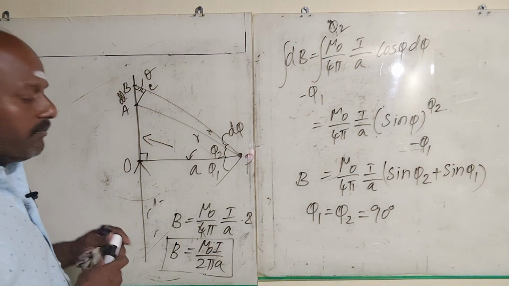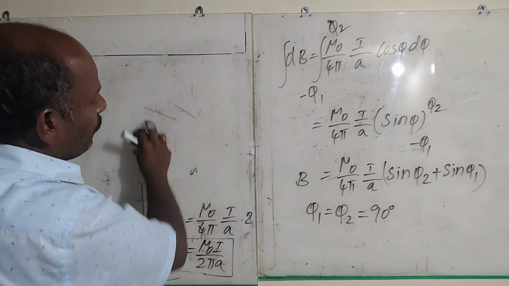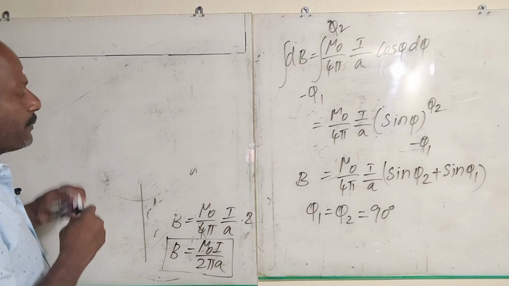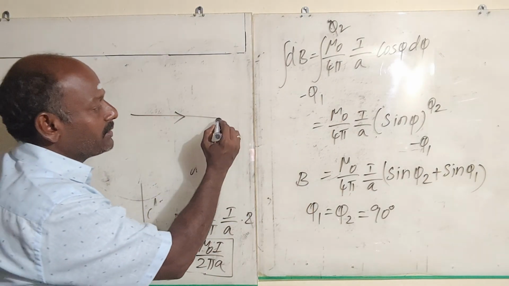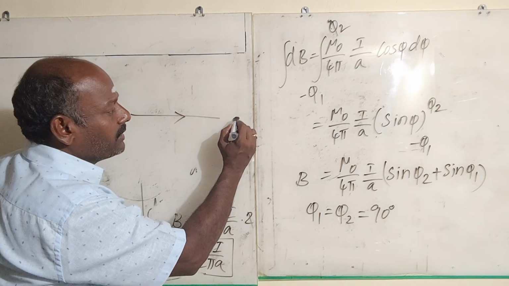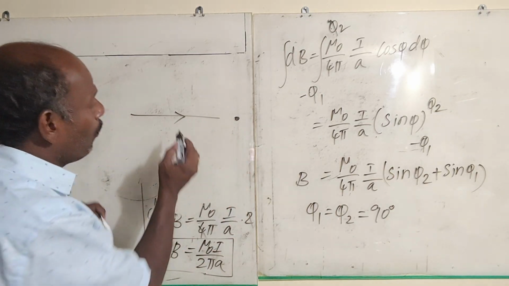Suppose I want to measure the magnetic induction for the wire carrying current, and the current is in this direction. If I want to measure the magnetic induction at this point, what would it be? It is going to be 0. Why?